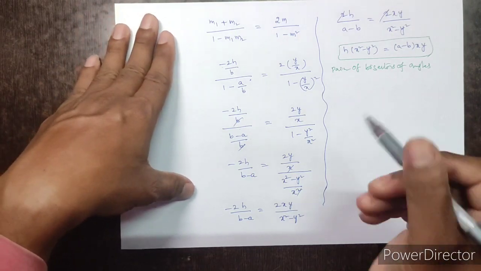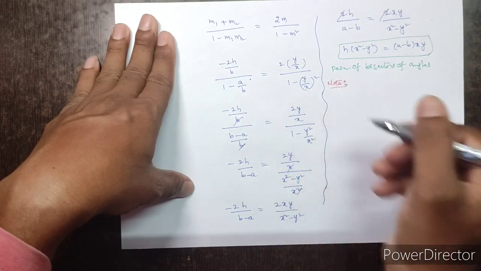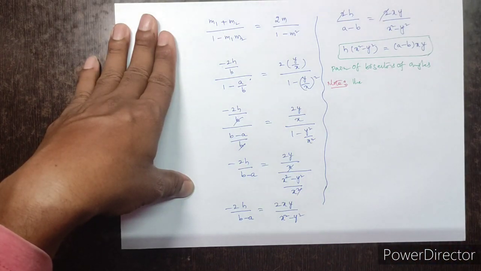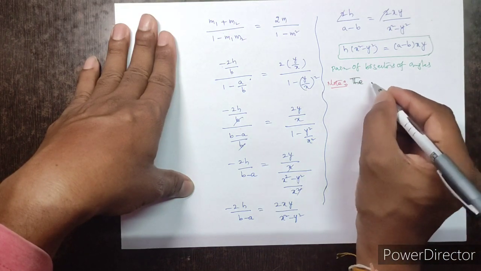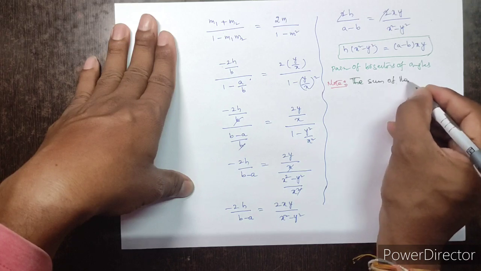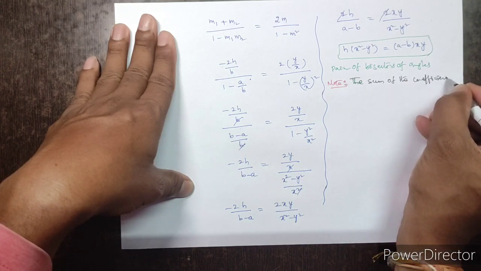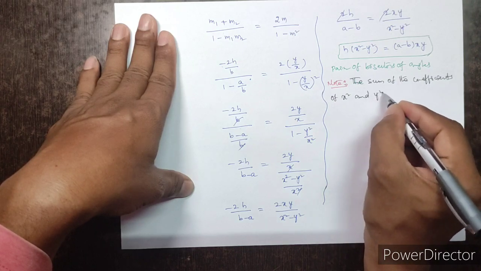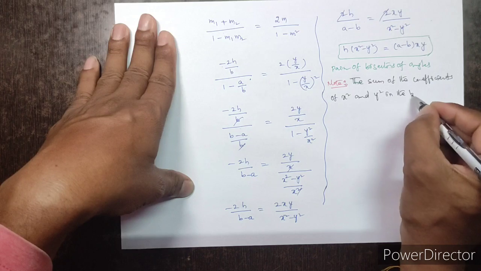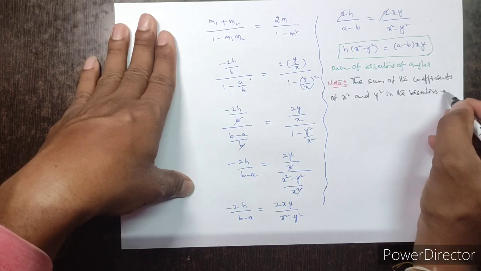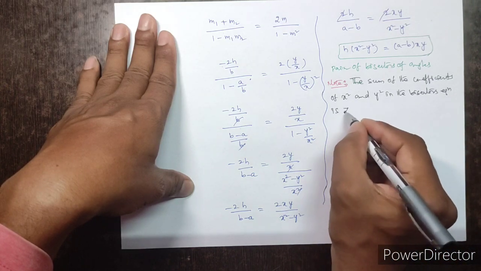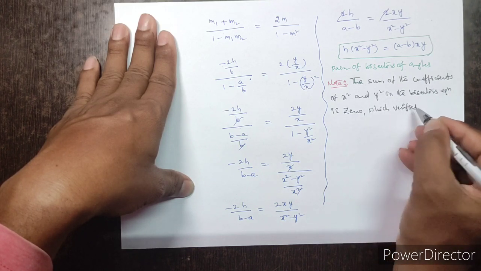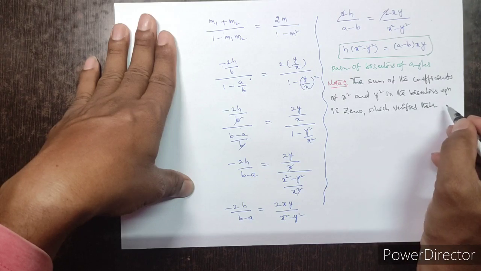Note: the sum of the coefficients of x square and y square in the bisectors equation is 0, which verifies their perpendicularity.